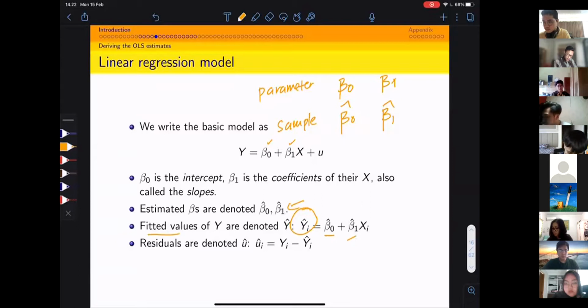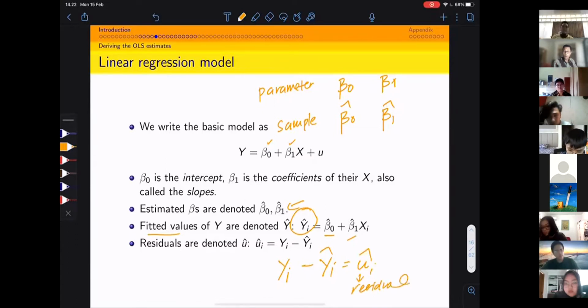Basically, you have y, which is what you observe in the data, and then you have y hat, which is what you predict from the model. The difference is going to be referred to as the residual. Now, the residual by no means is equal to the unobservable variable, so they are two different concepts. u is the unobservable variable in the population.